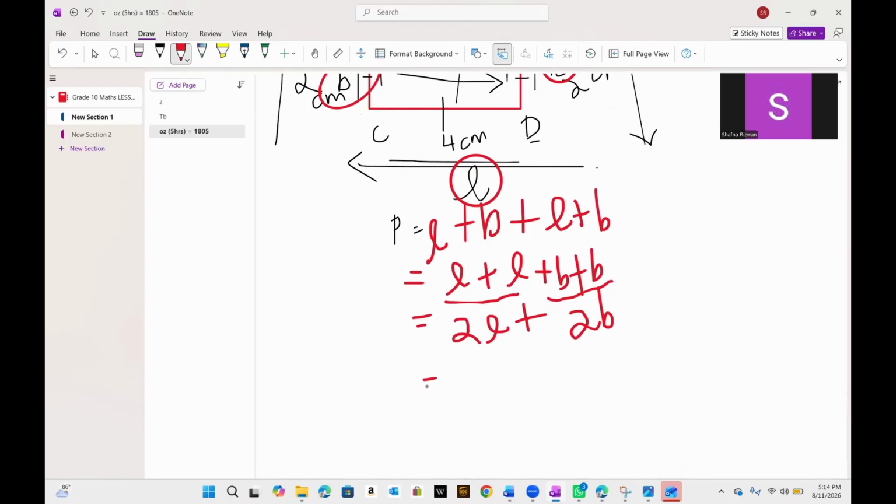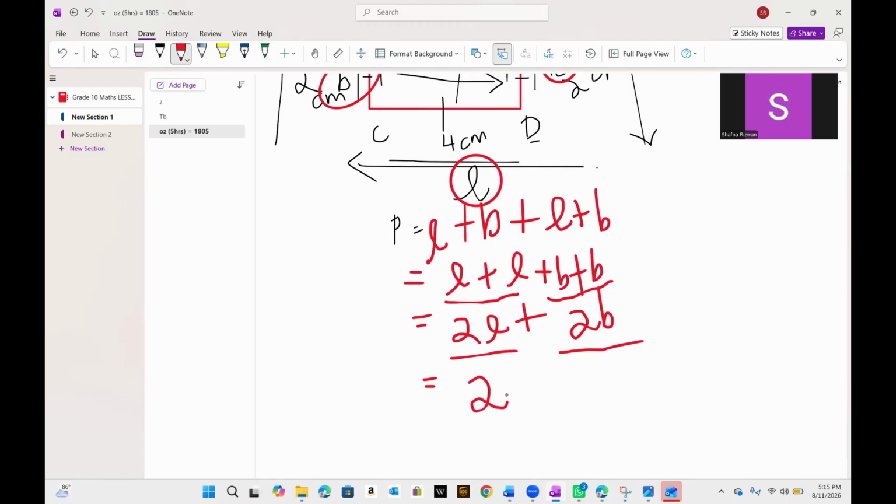Can I make it a little bit smaller, like simplifying it? To simplify, what can we do? Simplify means you're making something smaller by taking all the common ones out. So in this 2L and in the 2B, what is the common number that you have? You have 2 as the common because L and B are different.